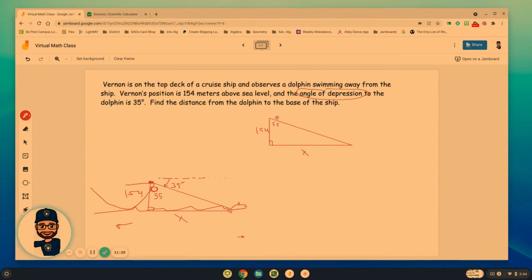Now we got to figure out if that's the angle that we're using. Up here is 55. X is the opposite side. 154 is the adjacent side. And what uses opposite and adjacent? It is tangent. So tangent of our angle measure equals the opposite over the adjacent.